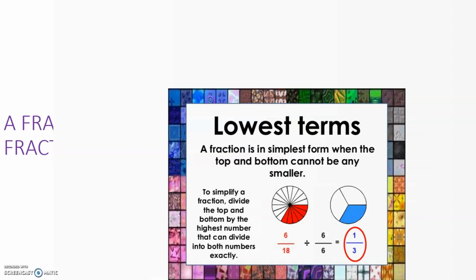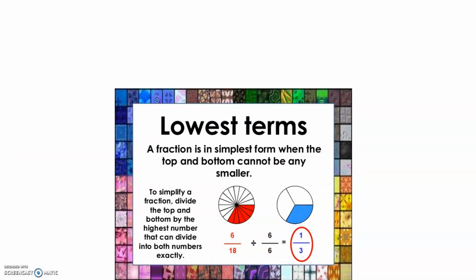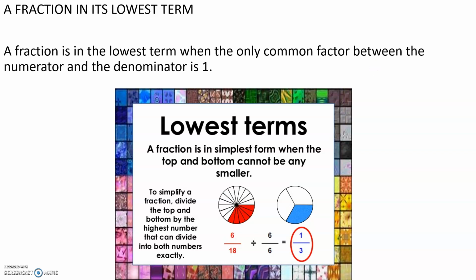So let's start. Now let's see what is lowest term. A fraction is in the lowest term when the only common factor between the numerator and the denominator is 1. For example, see here 6 upon 18, divided by 6 upon 6. So 6 ones are 6 and 6 threes are 18.